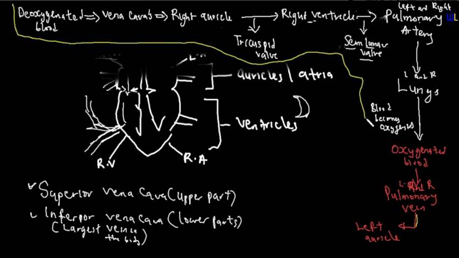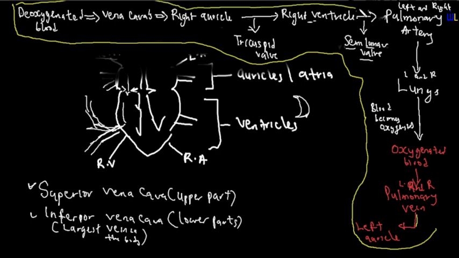Good. Now, this is the end of the pulmonary circulation. By the time the blood is entering the left auricle, that is the end of the pulmonary circulation, because the blood has become oxygenated and has returned back to the heart.